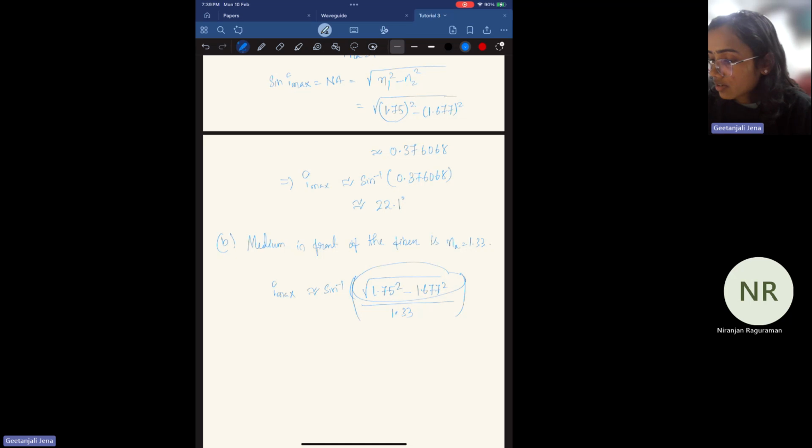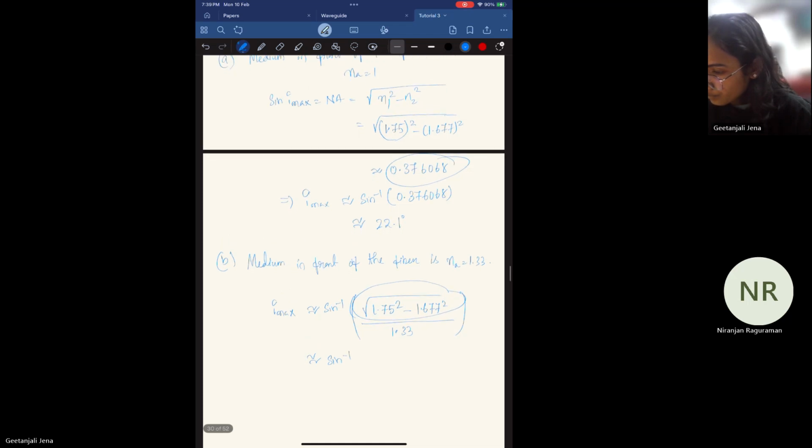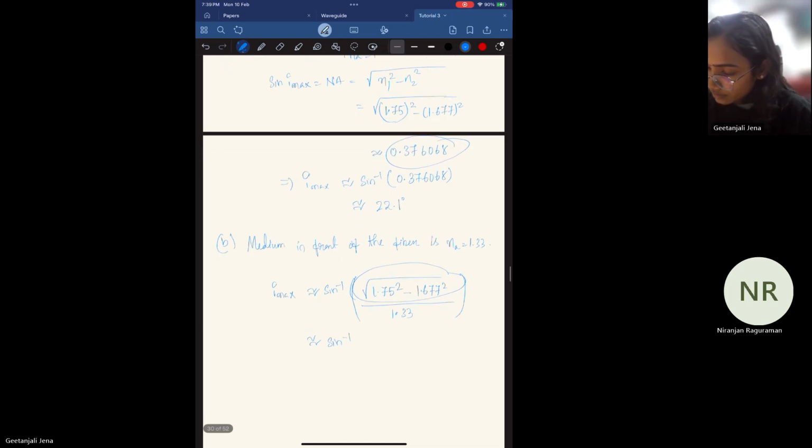This one we know, it is already calculated here. So we'll get sine inverse, it will come around 0.3760.